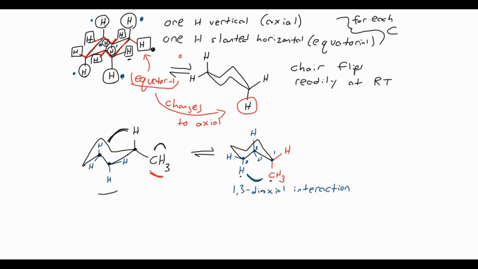So because of that, we can alter our equilibrium arrow here, and we can say that the equilibrium will be only a little bit in that direction, and it will be mostly in the reverse direction to give us the equatorial substituent, to avoid those 1,3 diaxial interactions. So equatorial substituents are always favored.